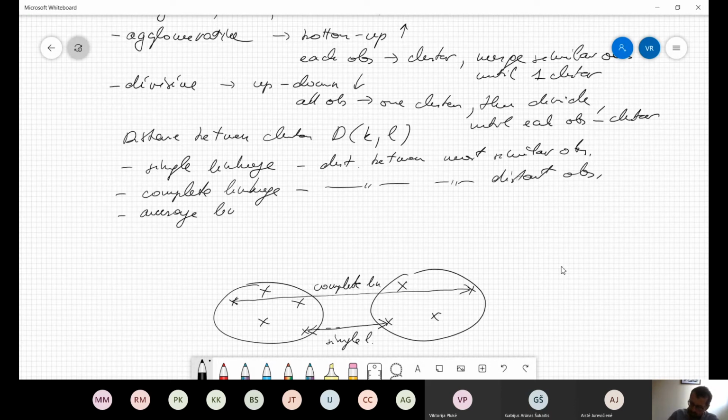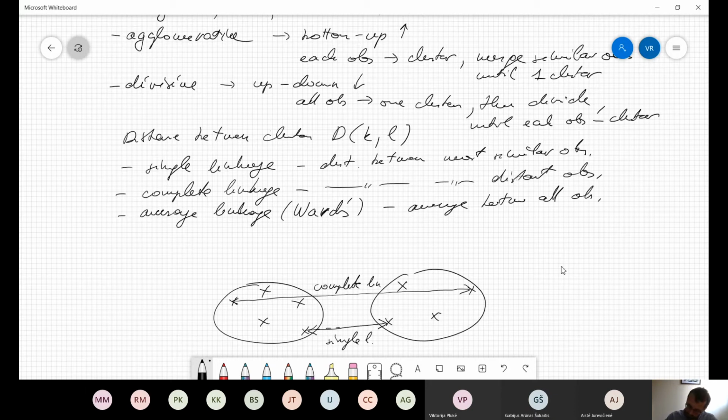And obviously there is an average linkage, or it's called Ward's linkage, right? So this is basically the average between all the errors. As the name states, average between all observations.